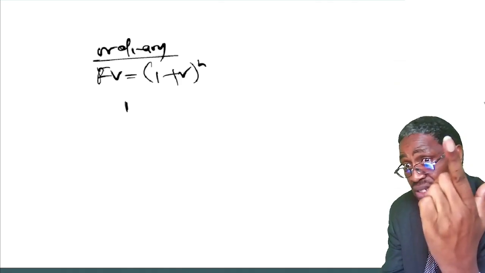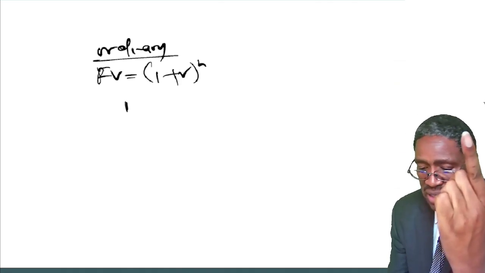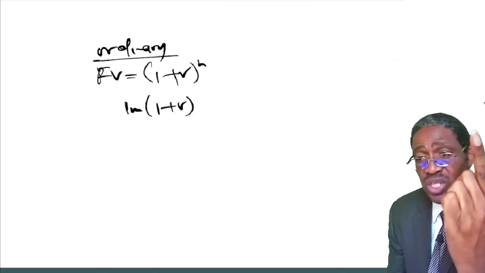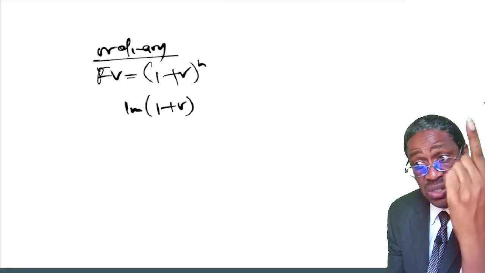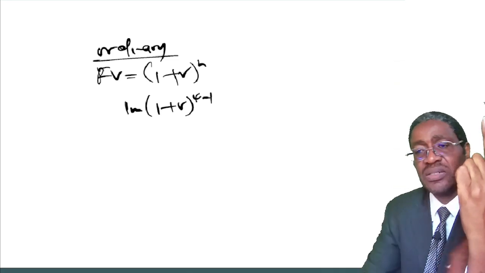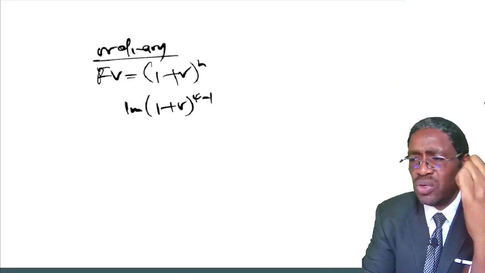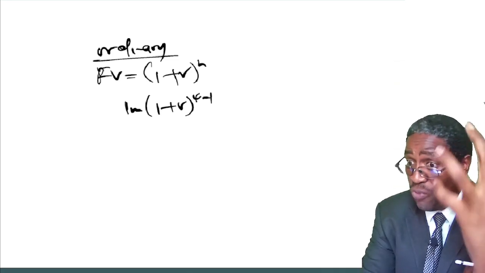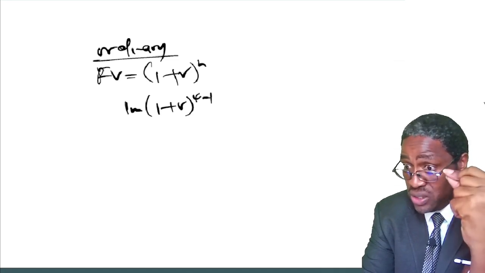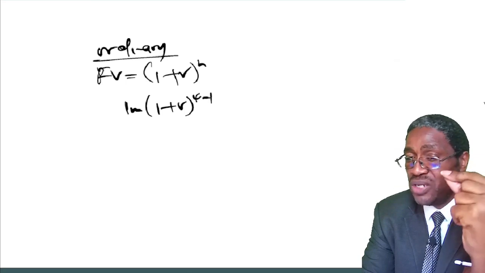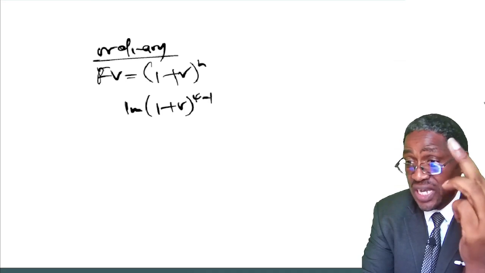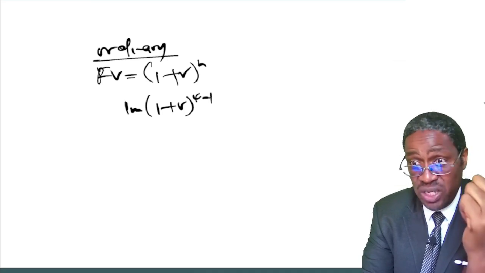Are you there? So that is the same as saying this is 1m into 1 plus r to the power of n, which is what? Our n, which is 4, minus 1. Because it will not earn interest in the first year. The investment is for 4 years, but my 1 million I'm putting at the end of year 1 will only earn me interest for 3 years: second year, third year, and the fourth year.